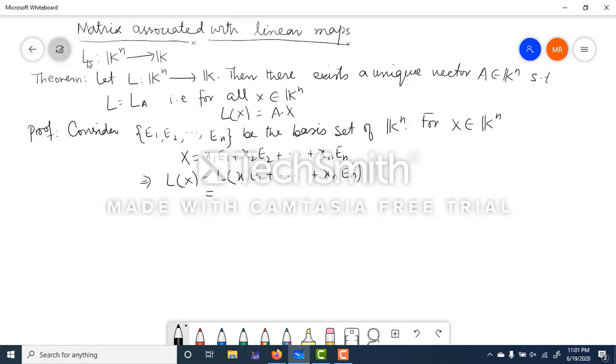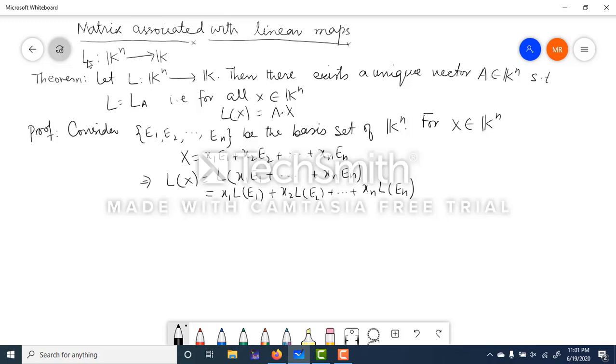Now, using the linearity of L, I can write this as x1 times L of e1 plus x2 times L of e2 plus and so on xn times L of en.